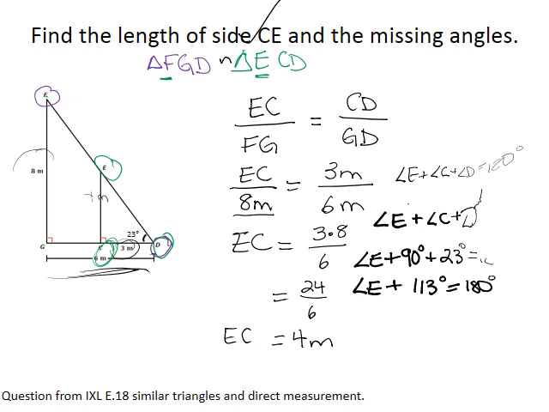And then I subtract 180 minus 113, and I get the angle E is equal to 67 degrees. So that means that this angle right here, angle E, is 67 degrees. So what that means is that angle F, because they're corresponding angles, and these are similar triangles, must also be 67 degrees. And now we have solved for all the missing angles in our triangles.